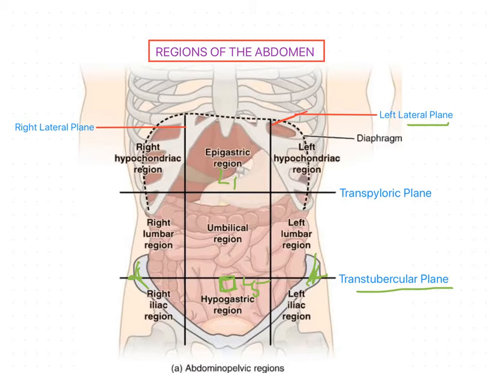Now come to the right and left lateral planes. These two planes correspond to the mid-clavicular line, also called the mammary line. Each of these vertical planes passes through the mid-inguinal point. Here we have the inguinal ligament, and you also know the mid-inguinal point.